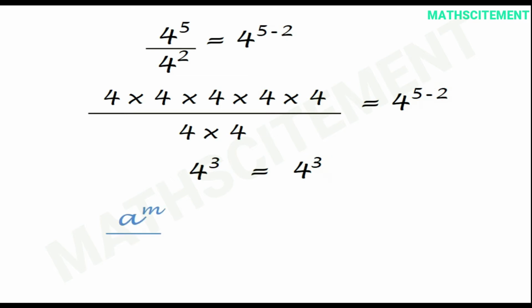So remember, a base number raised to a power m, when divided by itself having a power n, is equal to the base number with a power equal to m minus n, provided that a is a non-zero number and the power of the numerator, that is m, is greater than the power of the denominator, that is n.